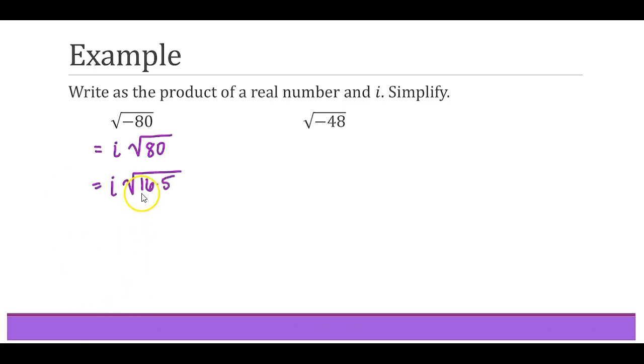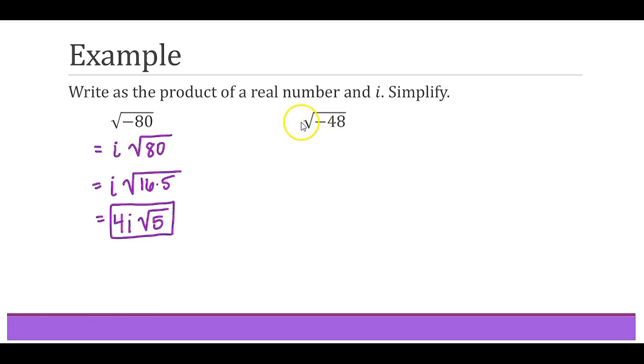And the square root of 16 is 4, so we're going to express this as 4i times the square root of 5. And we do typically put the coefficient 4 in front of the imaginary unit and then the radical part of the expression. And we'll go ahead and try that one more time for practice.